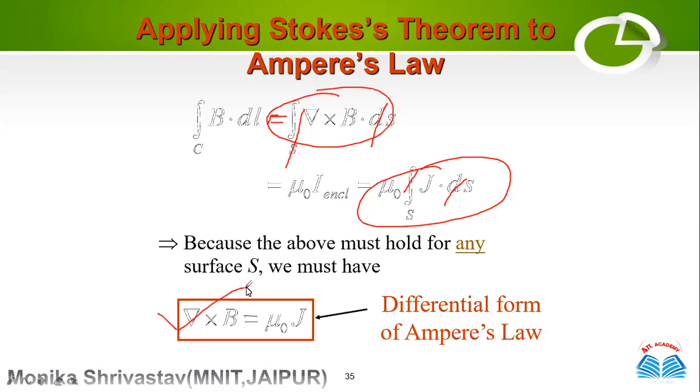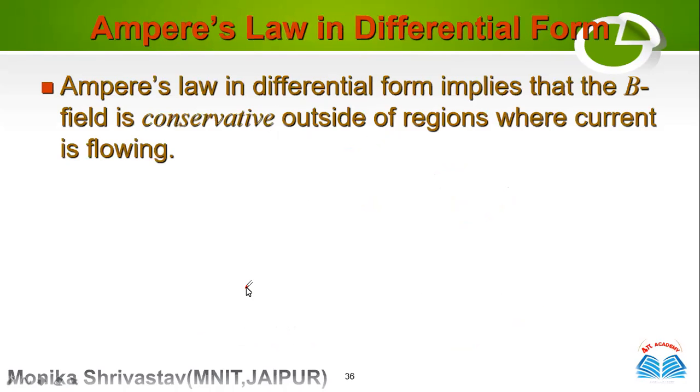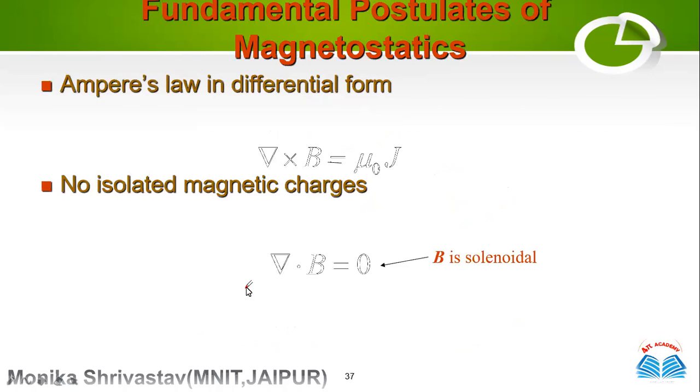So what have we studied? We have studied Ampere's law, Ampere's circuital law, the integral form of Ampere's law, the differential form of Ampere's law, and one application of Ampere's law. The differential form is making the fundamental postulates of magnetostatics.